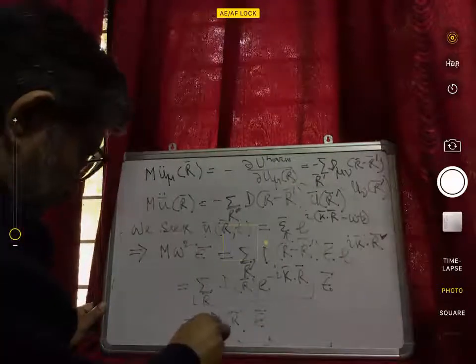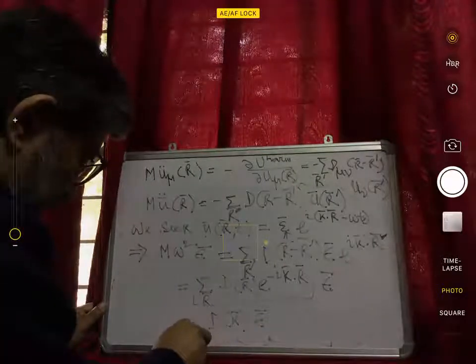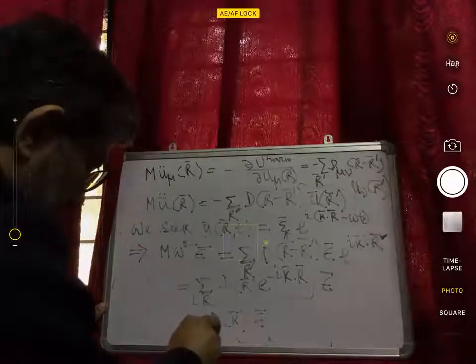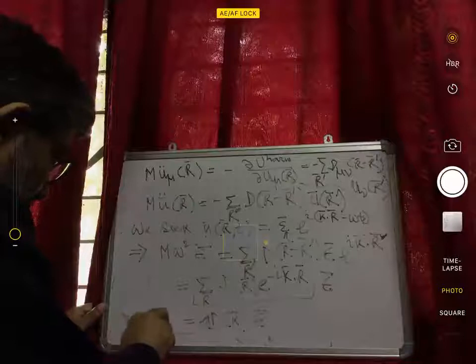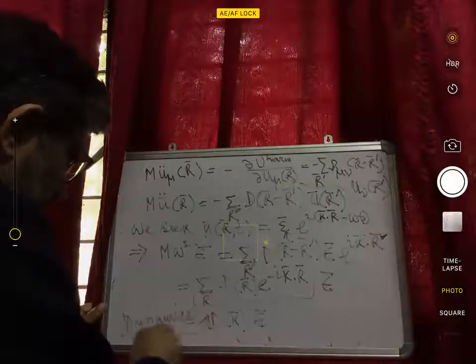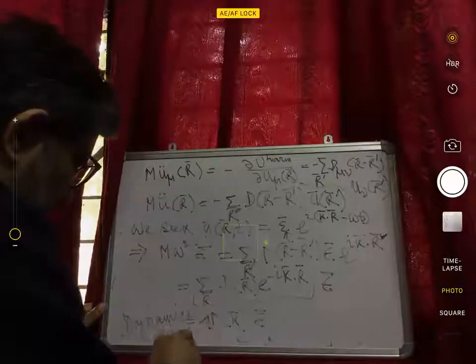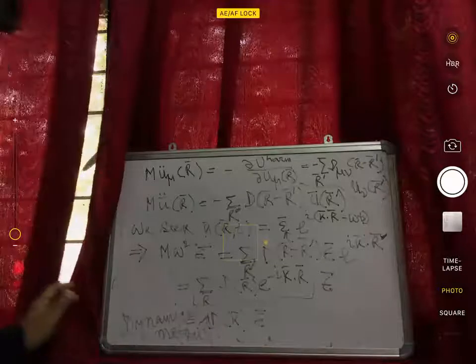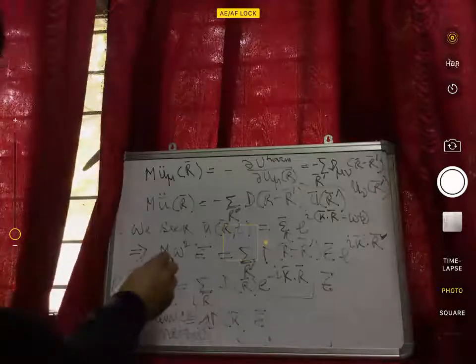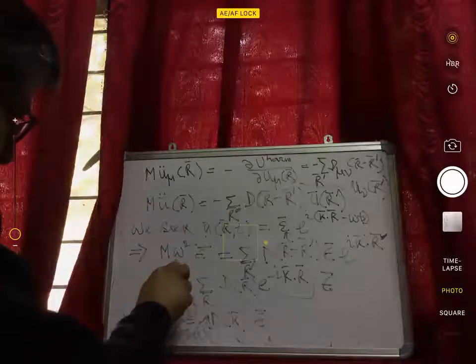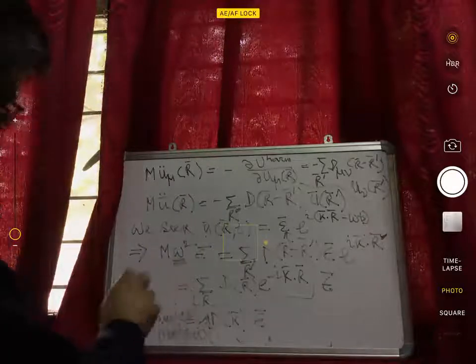So this matrix D is called the dynamical matrix. And these omega squareds are the eigenvalues, apart from this factor of m.